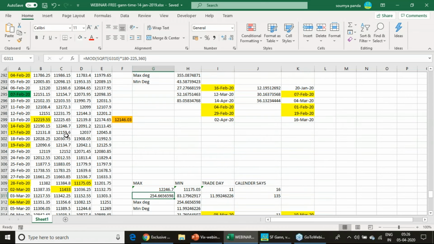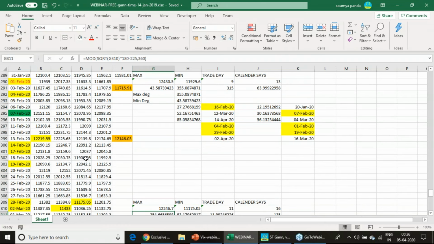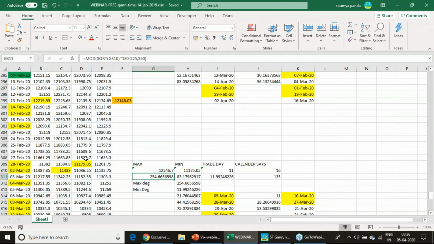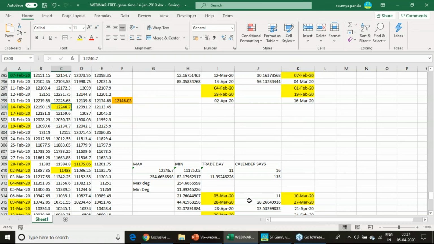So some calculation changes will be there, 246, because the data I had taken for February and March was wrong. Earlier records were proper.